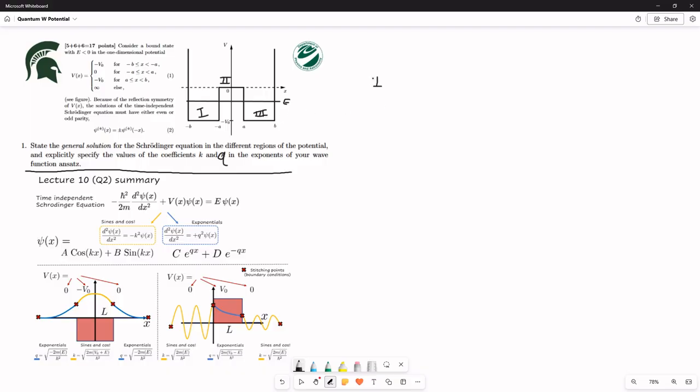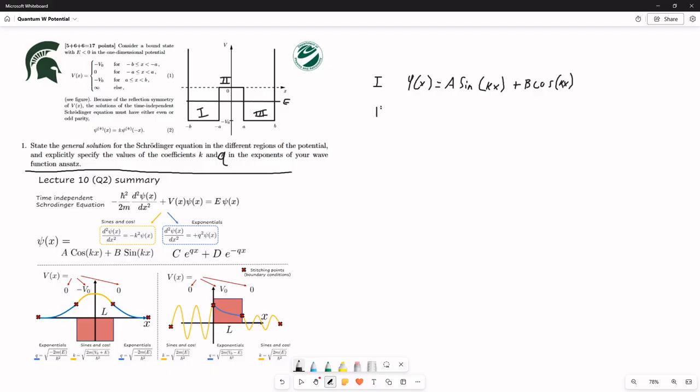In region 1, we're going to have psi of x equals a sine of kx plus b cosine of kx.